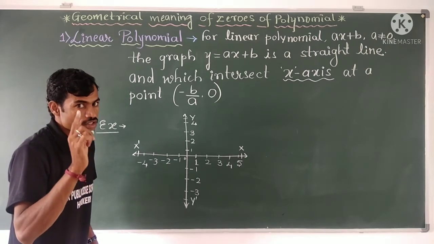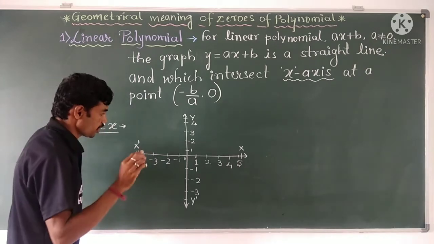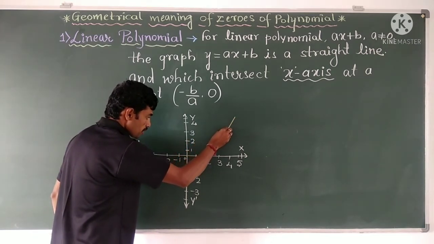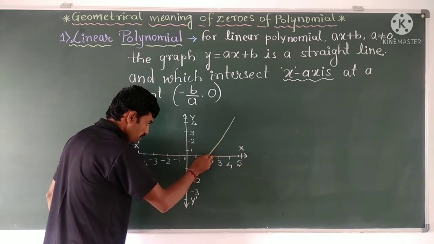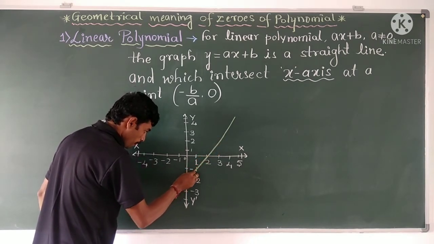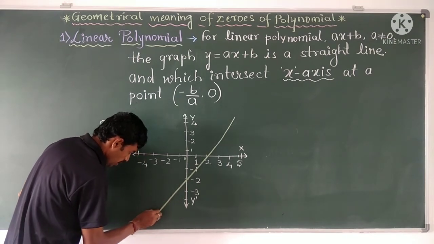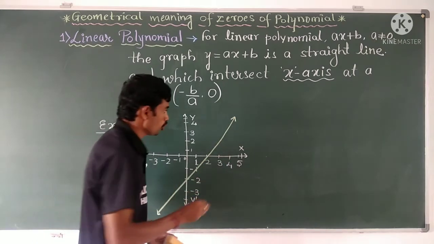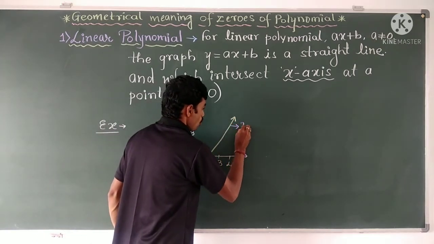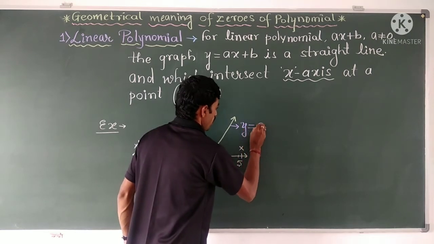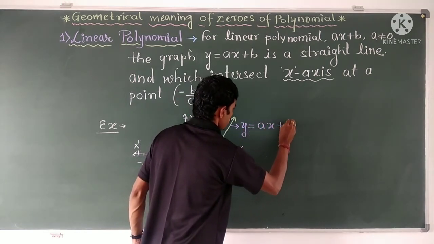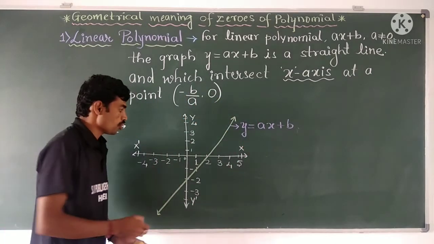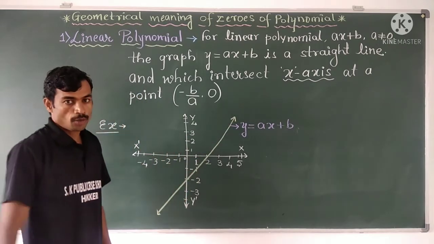It is a straight line. Suppose the graph is a straight line that passes through a point exactly at 2. This is the graph of one polynomial, y equals ax plus b, one of the graphs of a linear polynomial.